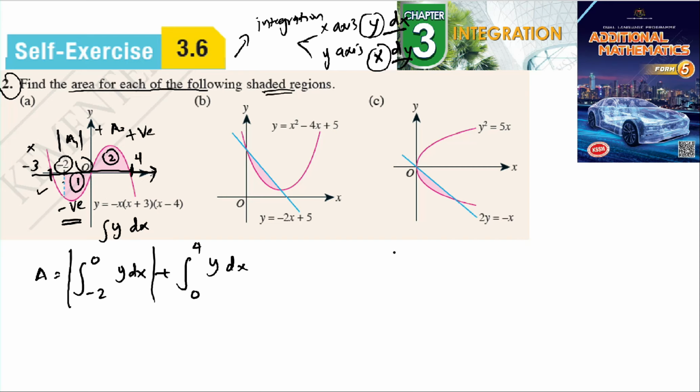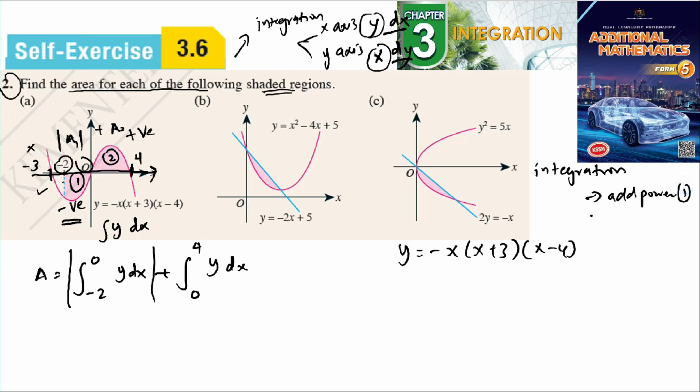Okay, so we see here our y just now is negative x, x plus 3, x minus 4. And we know when we talk about integration, what we need to do is add 1 to the power, and then we have to divide by the power. So we add the power first, and then we divide by the power. So in this case, if we expand it, it will be easier for us to use this formula.